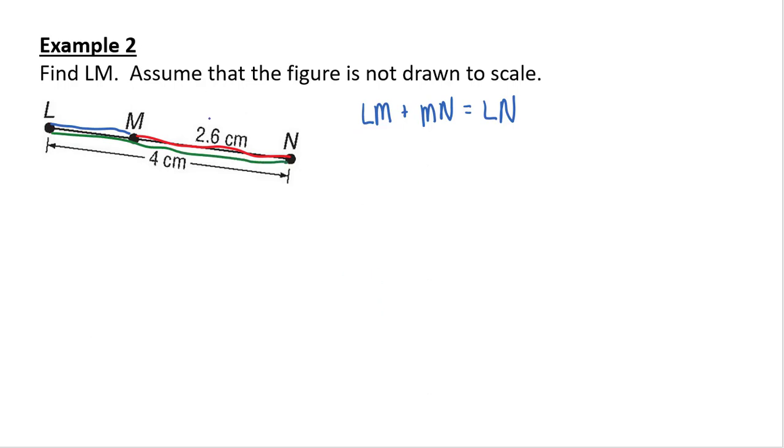Okay, so start filling in what we know. LM, well, that's what we're looking for. MN is 2.6. LN is 4. So LM is 4 minus 2.6, and that ends up being 1.4 centimeters.